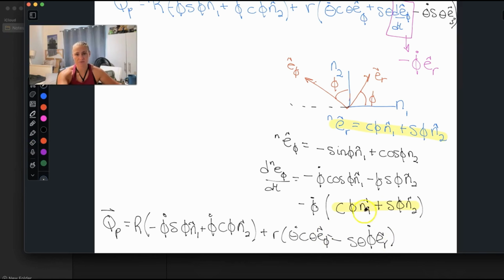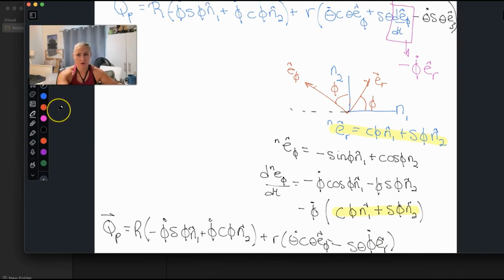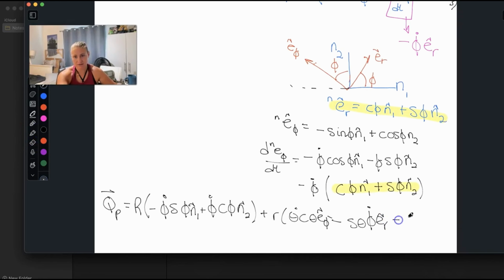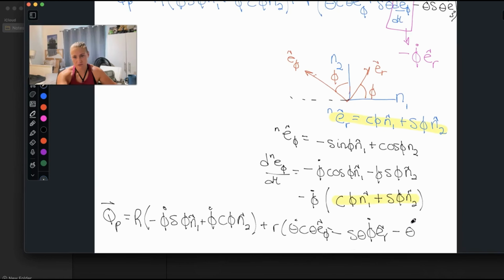Then our last term has an R in it, so minus theta dot sine theta in the E3 direction.